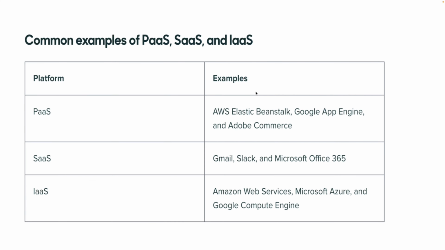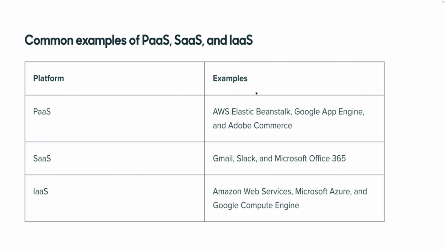Now, moving forward to different examples of the platforms. For platform as a service, I already mentioned that AWS Elastic Beanstalk is the way forward if you want to deploy any applications. Google App Engine and Adobe Commerce are also examples of PaaS. Gmail, Slack, and Microsoft Office 365 are software as a service. Everything here is managed end to end by the provider.